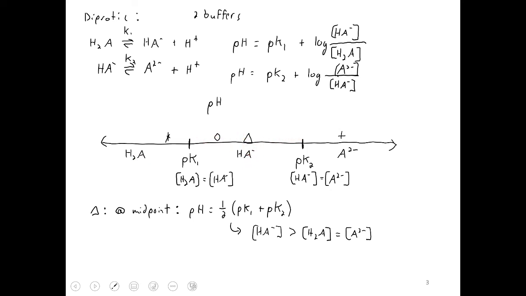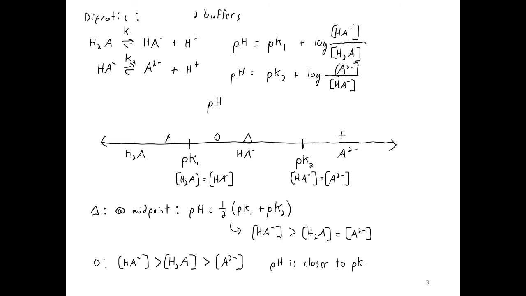So for the circle, we will write HA- is greater than H2A, which in turn is greater than A2-. And the logic is that pH is closer to pK1 than pK2.